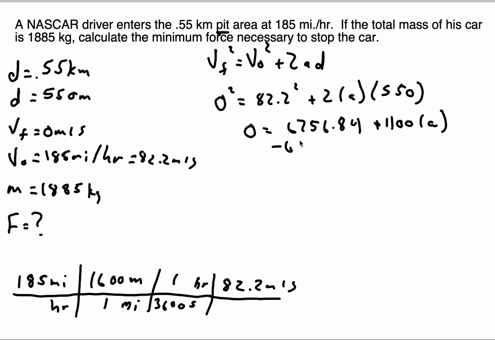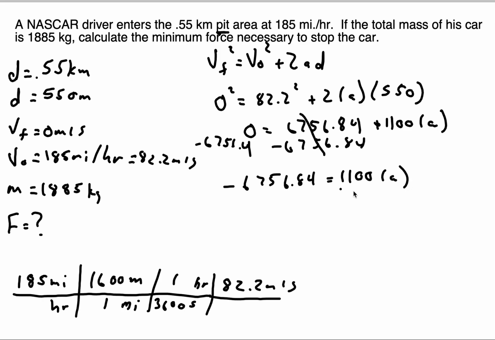To get it to the other side, you guys, I would have to subtract it, right? So these two will cancel, and I'll get negative 6,756.84 is equal to 1,100A. And then to get A by itself, I would divide both sides by 1,100.